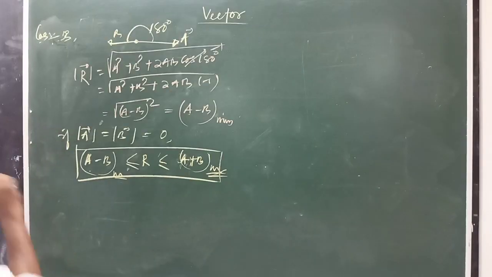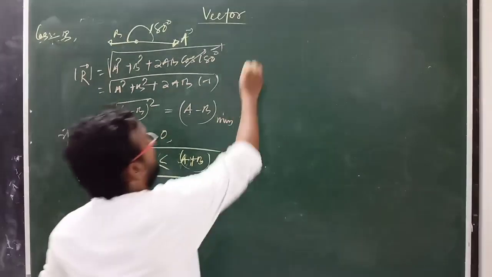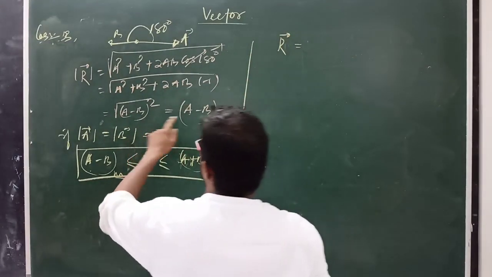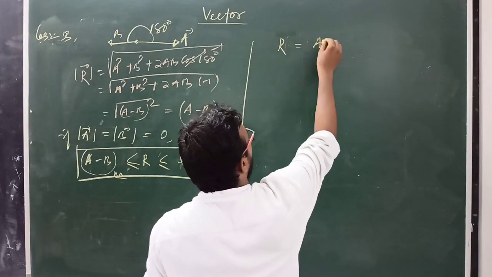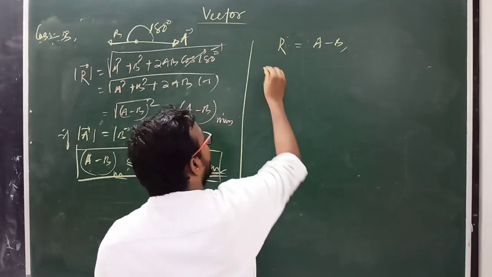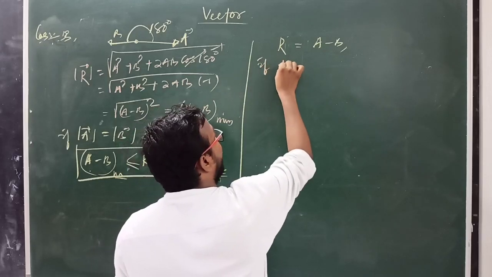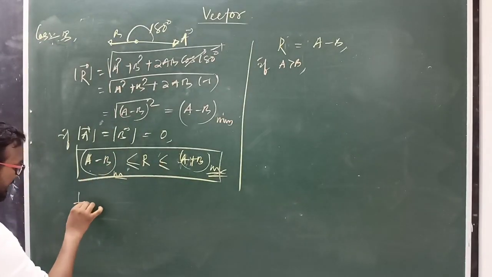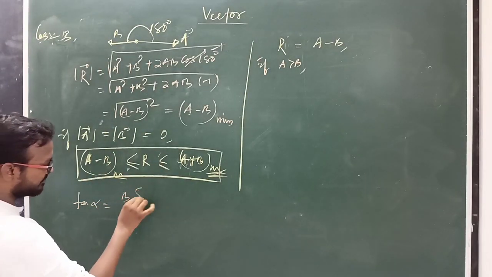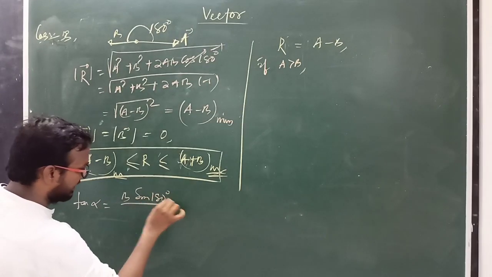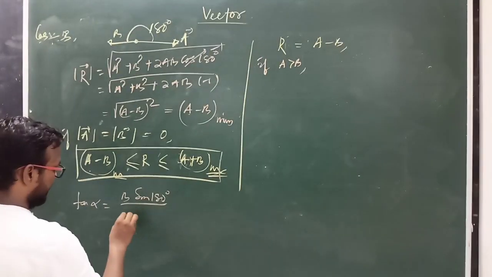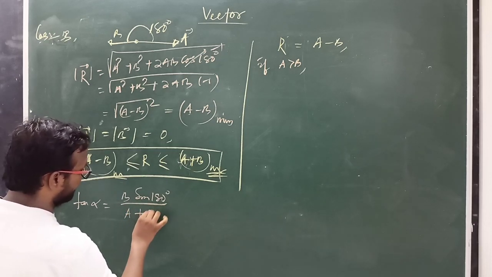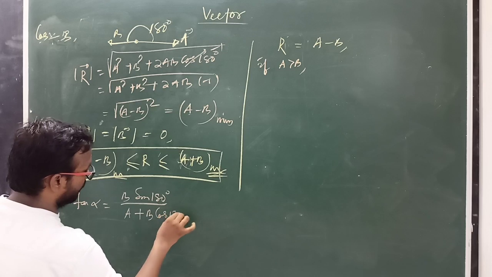Clear? Okay. Another thing we can consider here, because R equals A minus B, the magnitude of R equals A minus B. We can take one condition, if A greater than B. Now let us first start. What is tan alpha? Tan alpha equals B sin 180 degrees divided by A plus B cos 180 degrees.